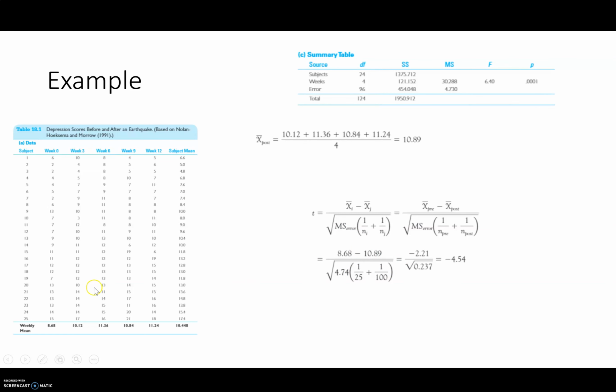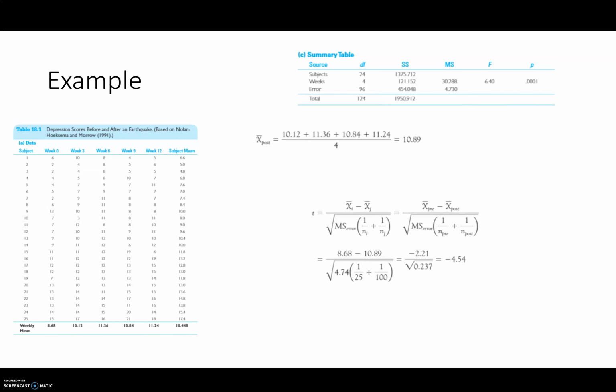Here you got 4 weeks times 25, so it'd be 1 over 100. And you multiply the mean square error, which you can see right here, times that, take the square root of all of that, and then you get minus 4.54.